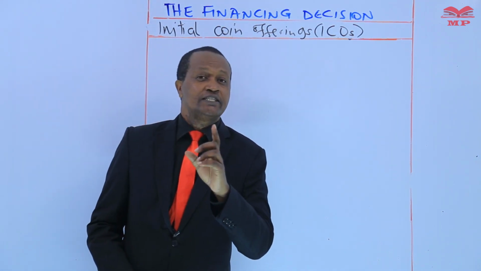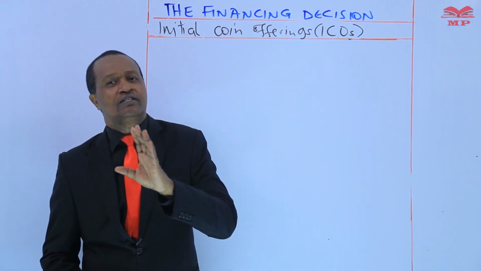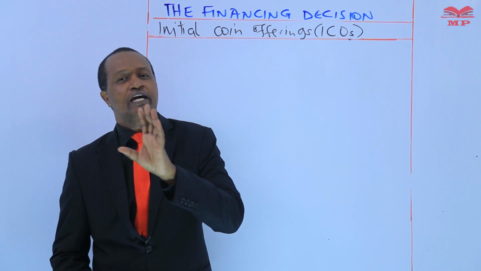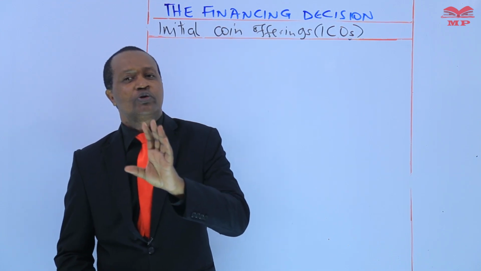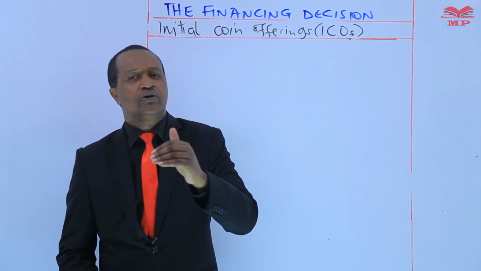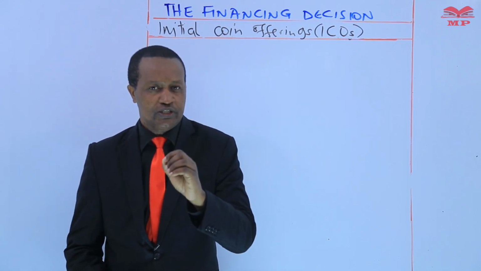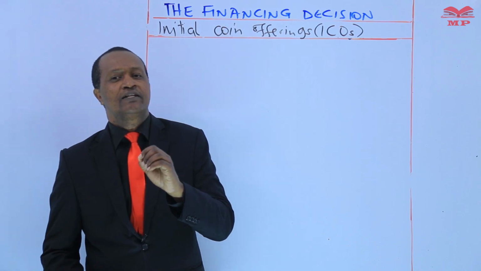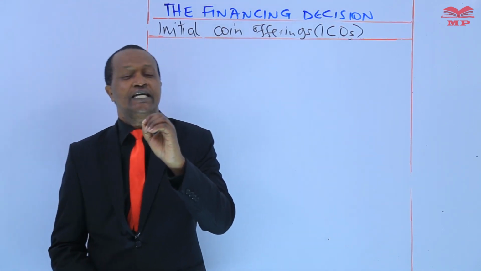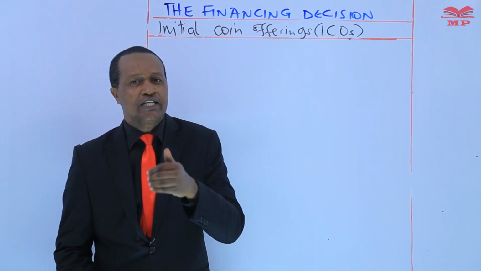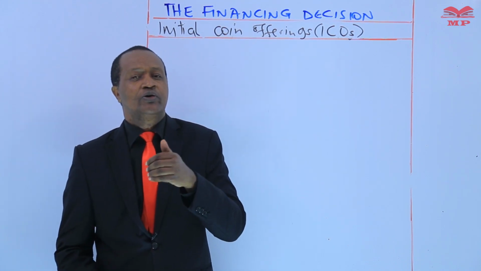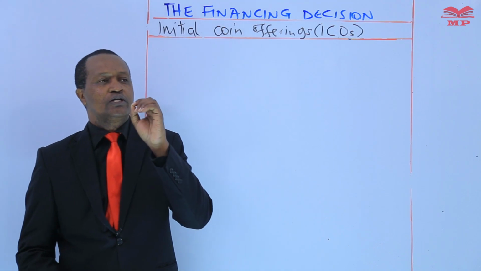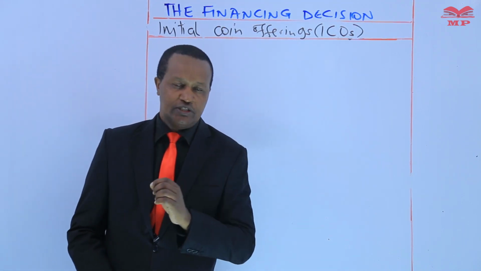Now, ICOs are a fundraising method in which a company or project issues or sells digital coins or tokens to investors. And these tokens often represent a stake or utility in the project or in the company, and are typically based on blockchain technology.